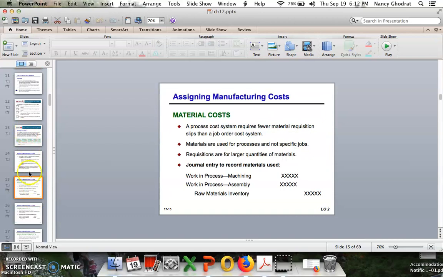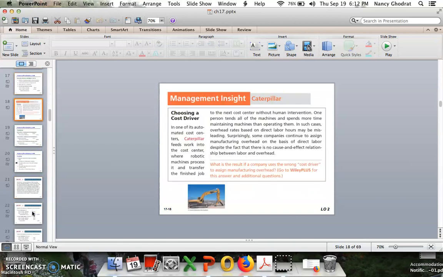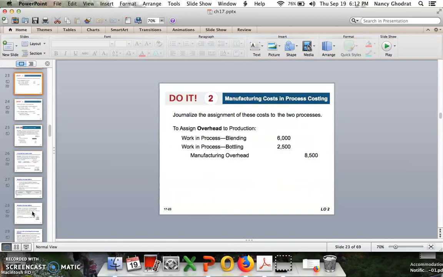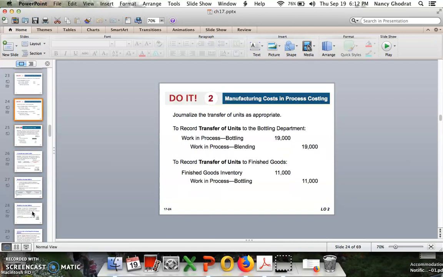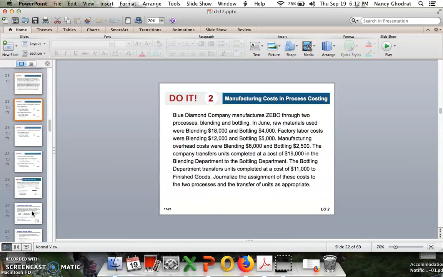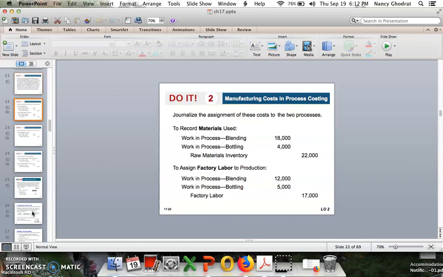So let's look at this example that I have. I'm not going over the journal entries because all the journal entries that you learned in chapter 16 apply to chapter 17, except that when we assign the cost to work in process, there is going to be more than one work in process.